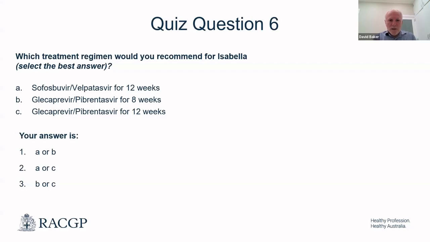So there's a quiz, actually. Which of these answers is correct? Sofosbuvir-velpatasvir for 12 weeks, glecaprevir-pibrentasvir for 8 weeks, or glecaprevir-pibrentasvir for 12 weeks. There's only one correct answer. We can go to the polling now.